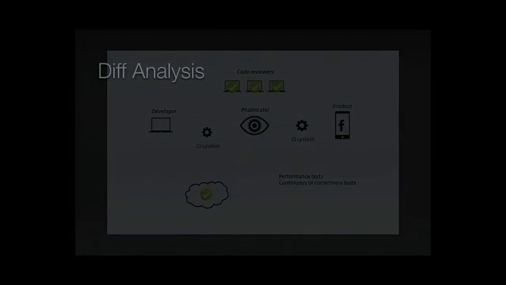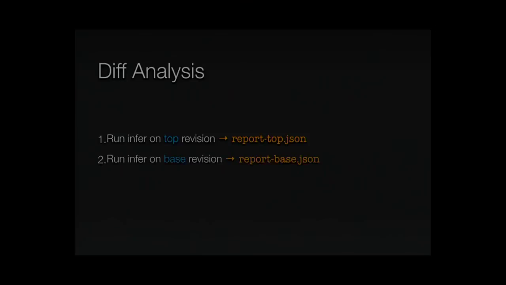So in a bit more detail on the Infer side of what happened here, under the hood, when we get a diff, we run Infer on the top revision, the one with the changes of the developer. And we run it also on the base revision, so before the change.